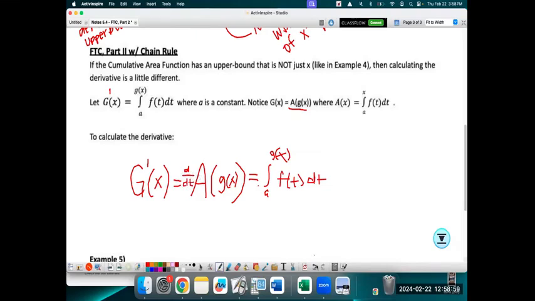I put t, I don't know why. Think about what happens with chain rule. Technically, I would take the derivative of the outside. So I'd take the derivative of my area function with g of x inside. And then I would multiply by the derivative of the inside.